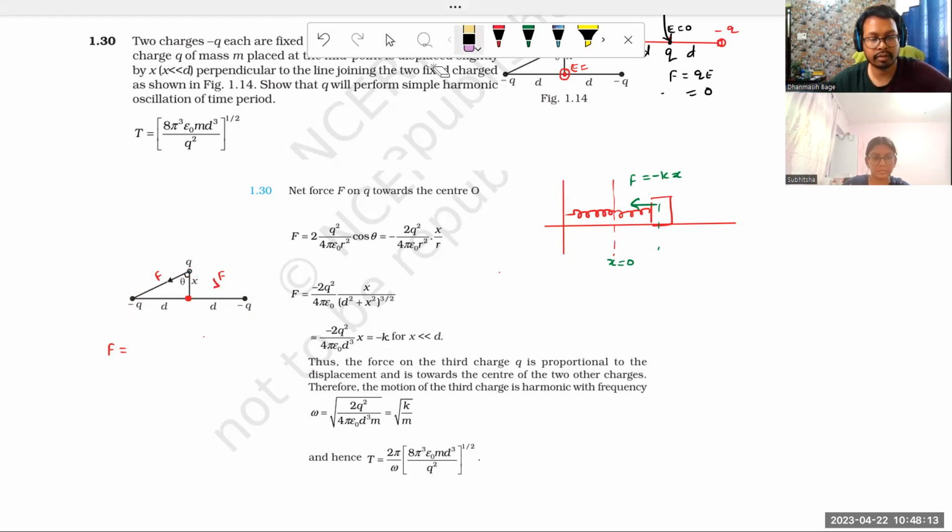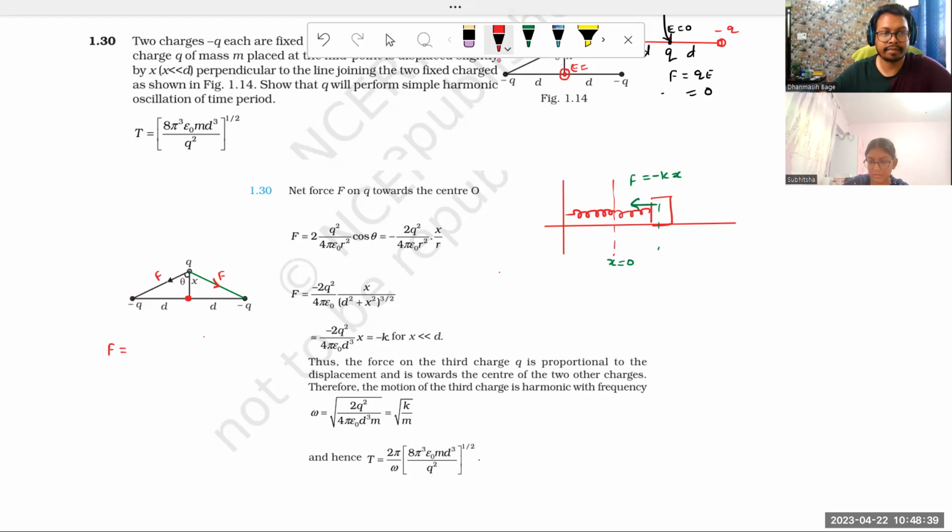So can you tell me what is F? I said that both the forces will be exactly the same. Why? Because of symmetry. I can directly say that, right? Because Q is equidistant from minus Q on both the sides. Tell me what is F?